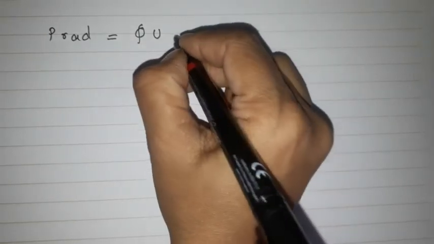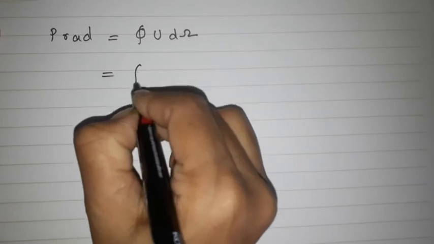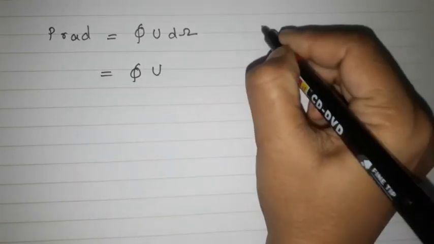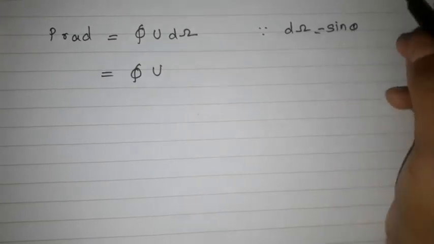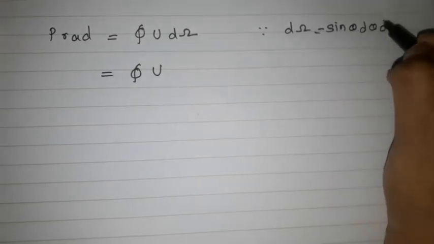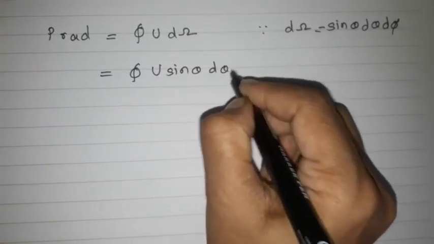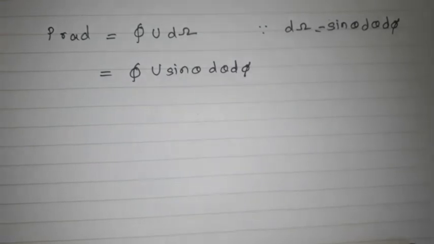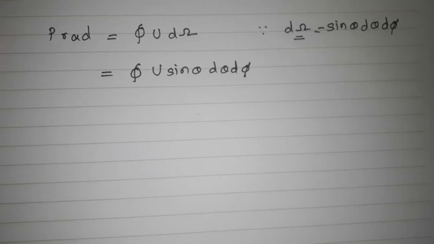So P radiated is equal to the integration of U over the closed surface with respect to the solid angle d omega. The incremental solid angle d omega is sine theta d theta d phi, so I put that value here. P radiated is the radiated power.